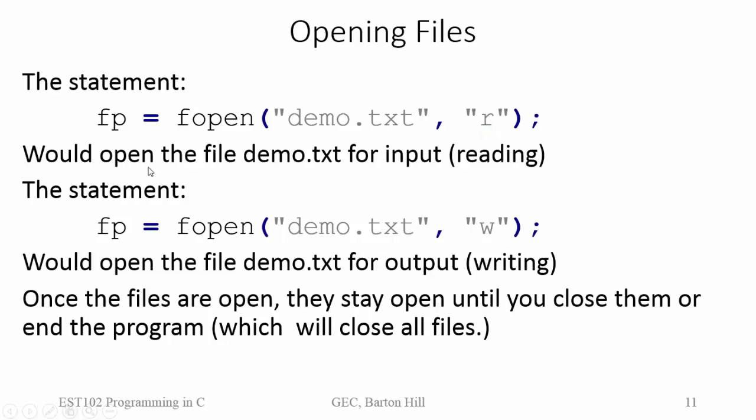Okay, so this would open the file demo.txt for input or reading. So the program will be reading data from this demo.txt. Then the statement fp equal to fopen of "demo.txt" comma "w" will open the file demo.txt for output or writing to the file. So the data will be written to the file demo.txt.